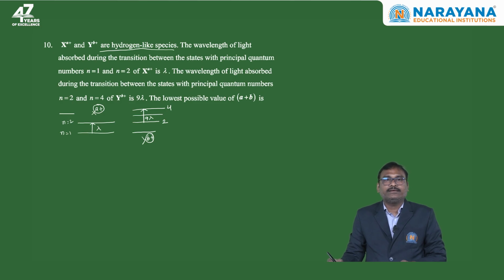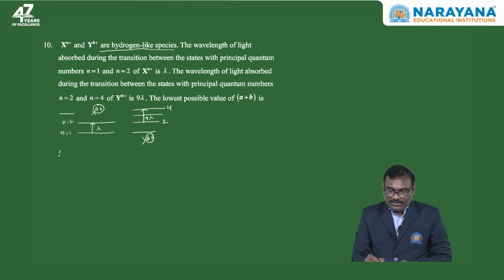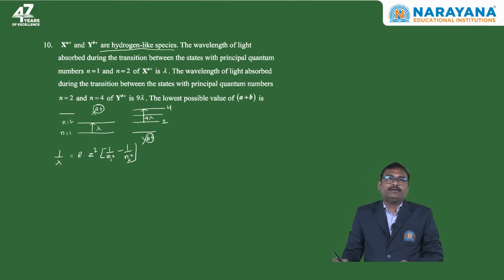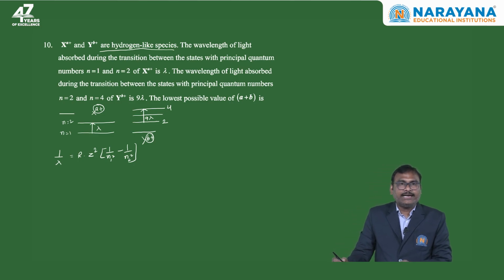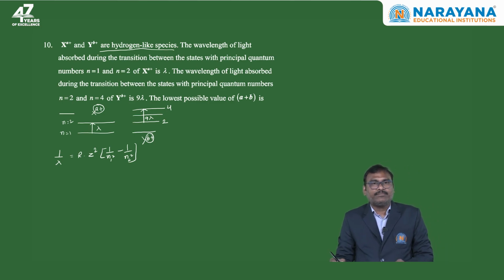You all know the equation 1 by lambda is equal to R into Z square into (1 by n1 square minus 1 by n2 square), where n1 and n2 are the lower and higher energy levels in the atom, R is the Rydberg constant, and Z is the atomic number.